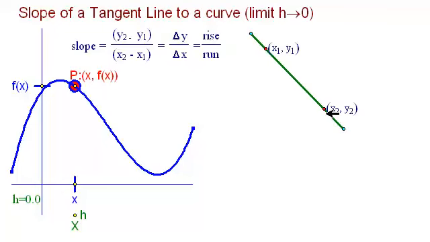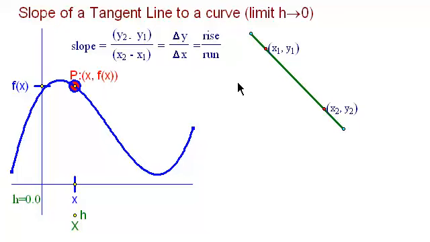We can find the slope by using the formula, which is y2 minus y1 over x2 minus x1, or change of y over change of x, or in some books they say rise over run. You have learned this in algebra 1 and some part in algebra 2.